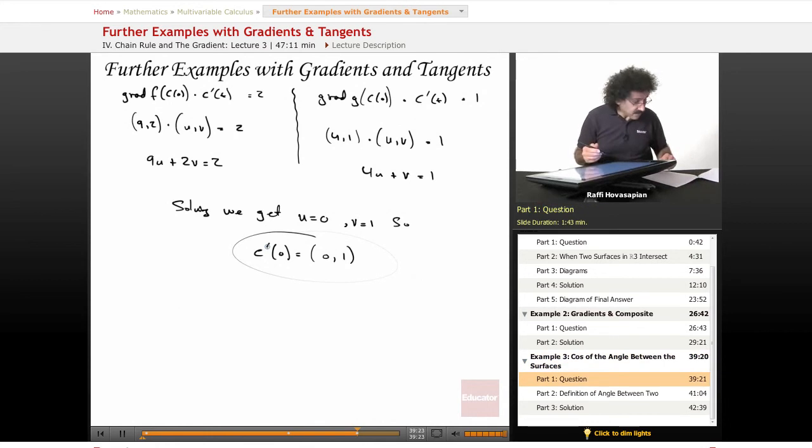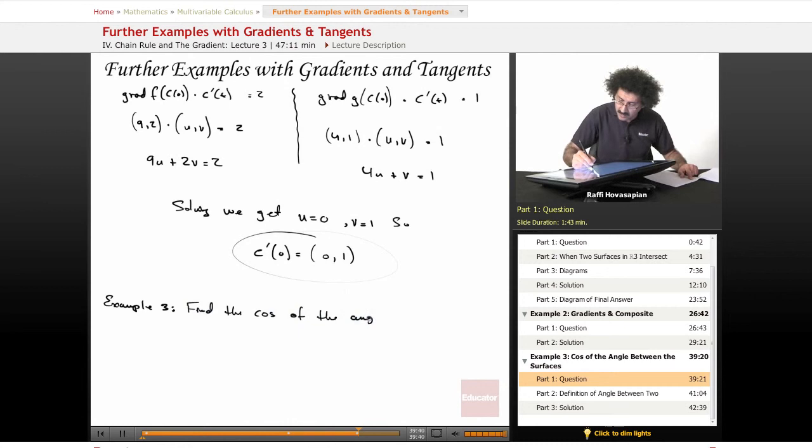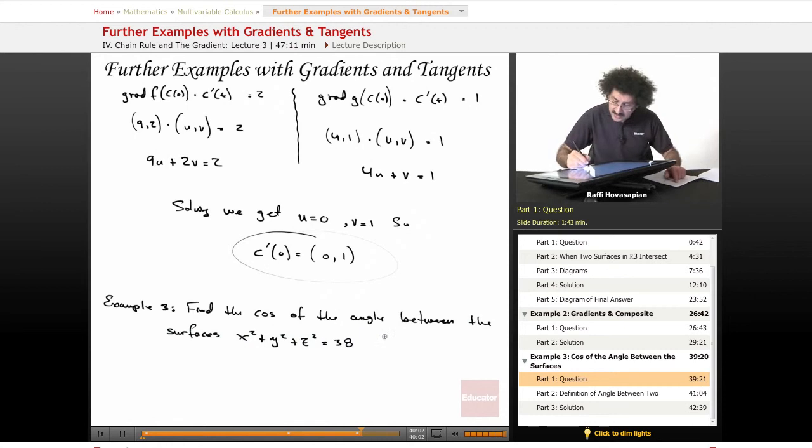So let's go ahead and do one more example. Example number 3 says: find the cosine of the angle between the surfaces x squared plus y squared plus z squared equals 38, and x minus z squared minus y squared equals minus 38, at the point minus 1, 1, and minus 6.